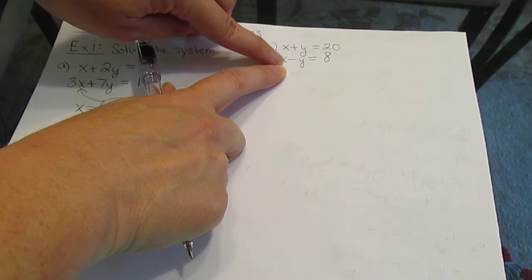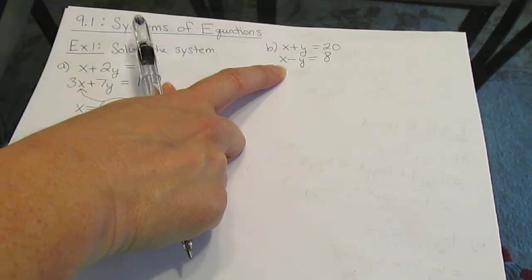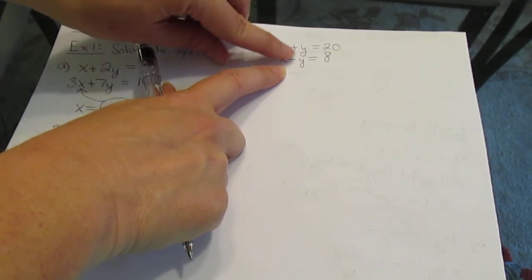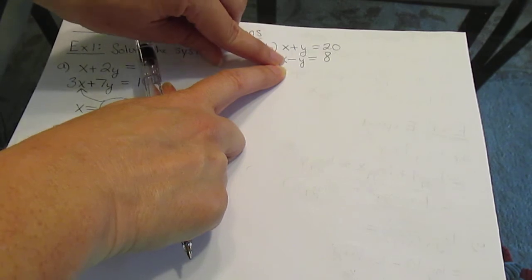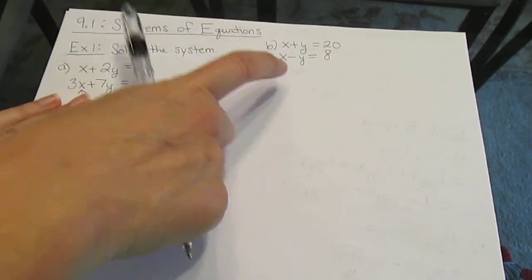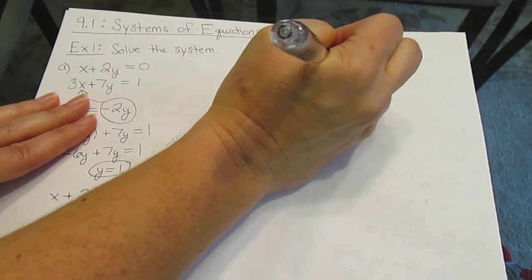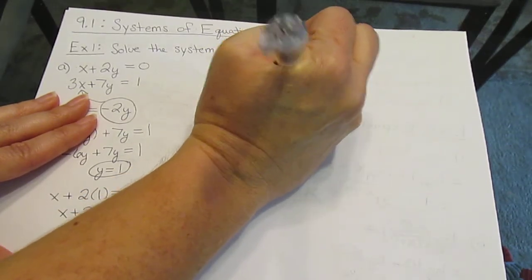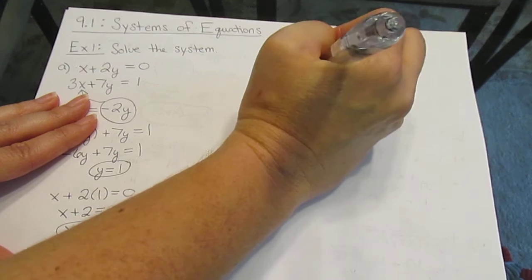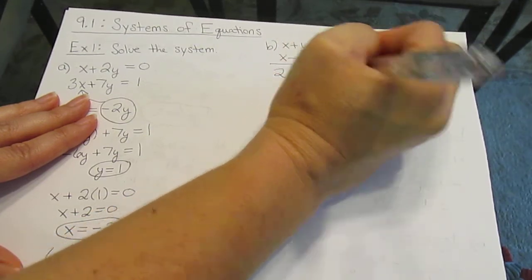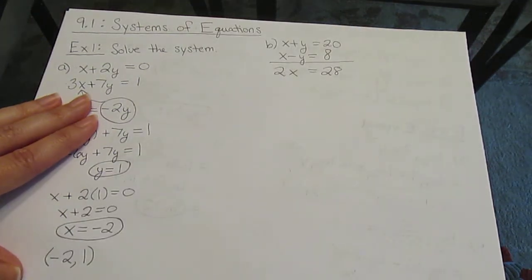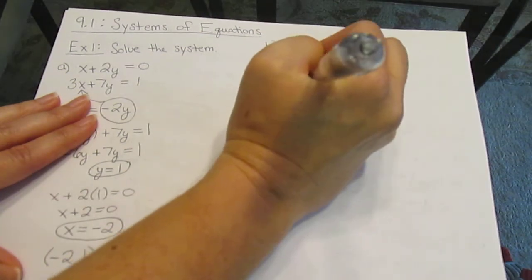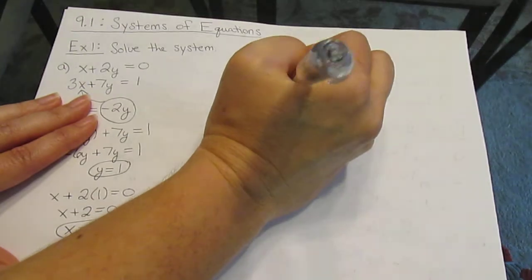And this one already has that, so I don't need to do that step. They both have a 1 in front and they're opposite signs. So the next step is just to add the two equations together. So we've got 2x, the y's cancel, equals 28. And then we can solve for x. So we'll divide by 2. And we've got our x.